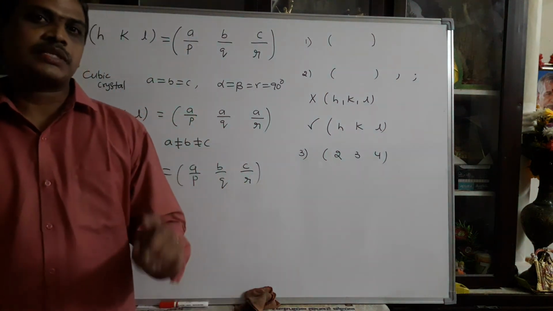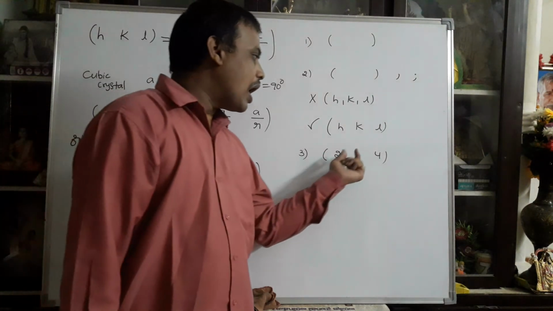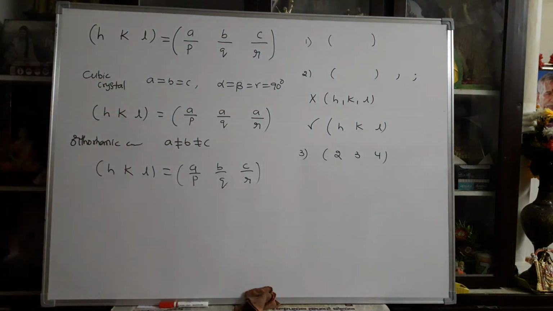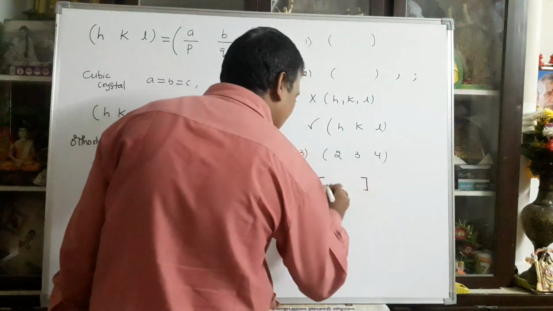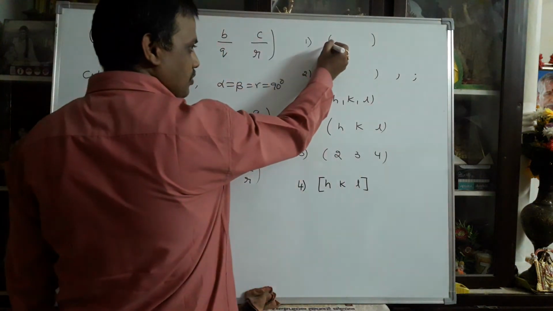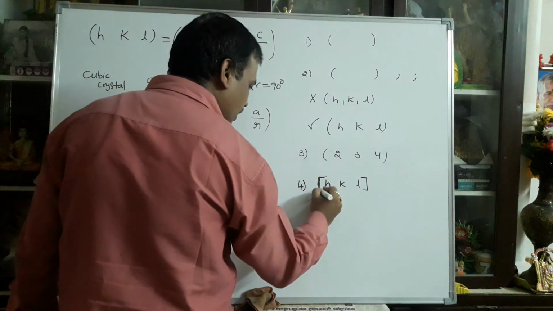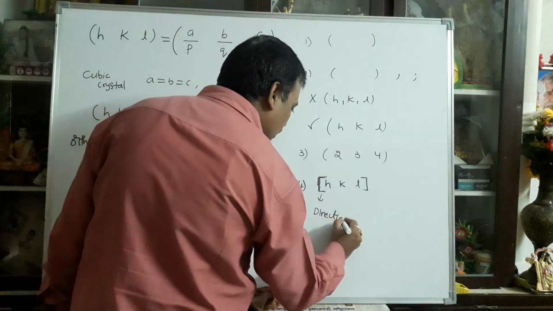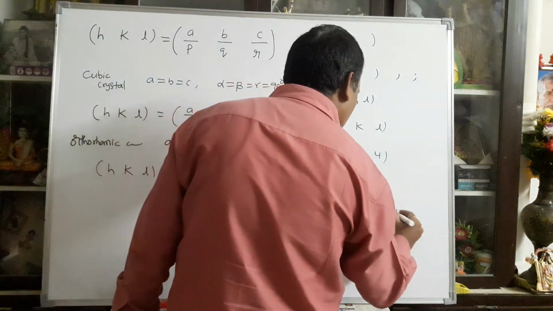The Miller indices are expressed in terms of integers. So you must pronounce the Miller indices as 2, 3 and 4. That is enough. And one more: square brackets like [H K L] indicate the direction of the lattice planes.